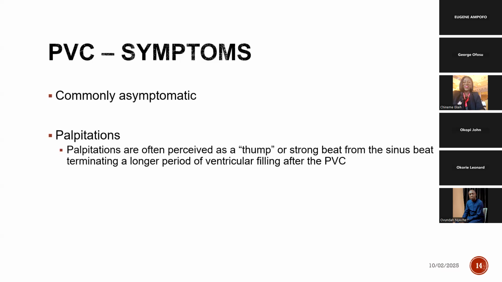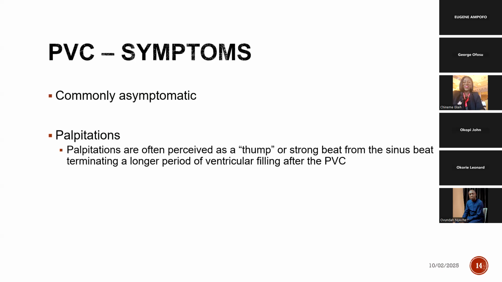PVC most often doesn't come with any symptoms, but if it does, the most common symptom is palpitations. These palpitations are usually perceived by the patient as strong beats. But this strong beat is not actually from the PVC; they perceive the strong beat from the sinus beat that follows the PVC.